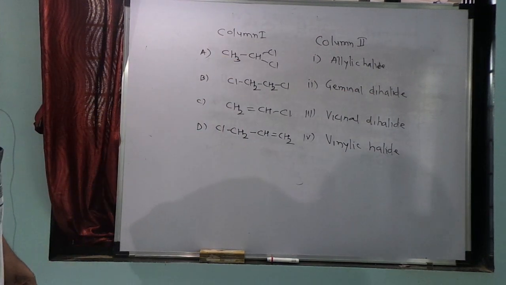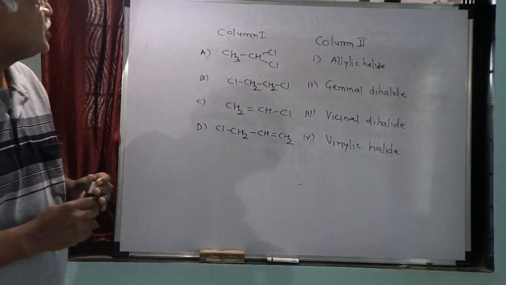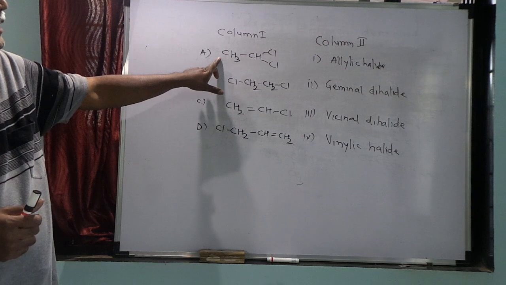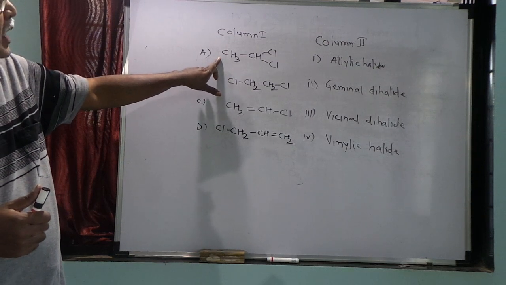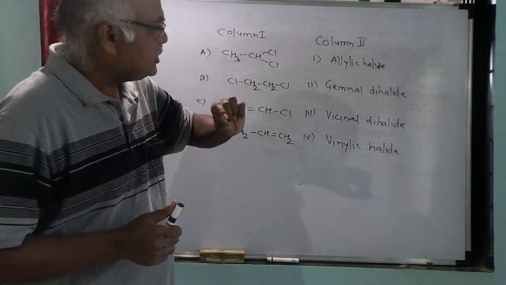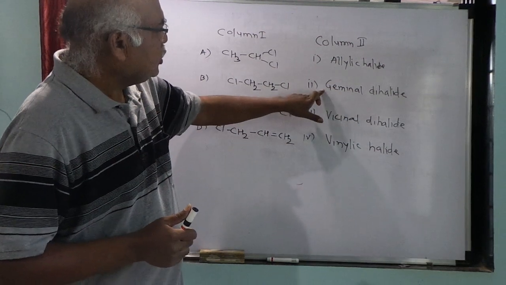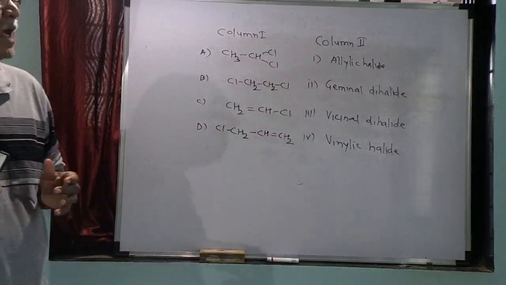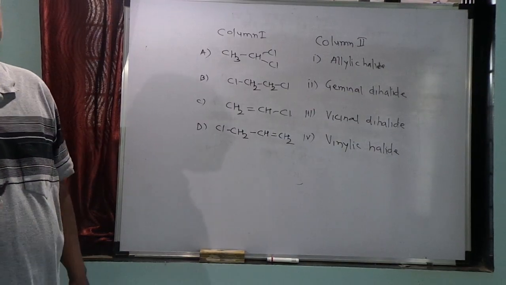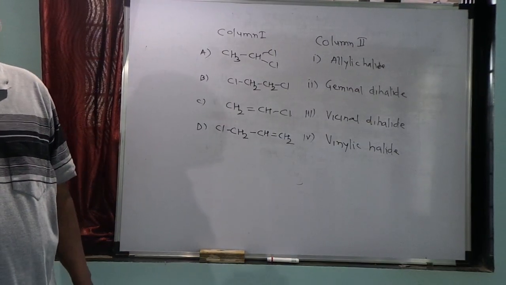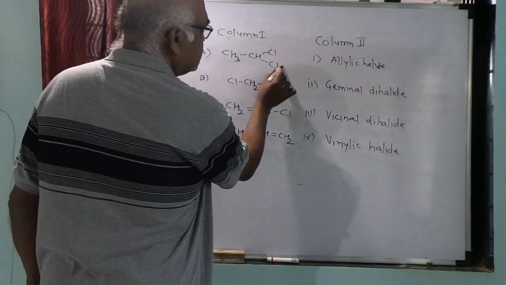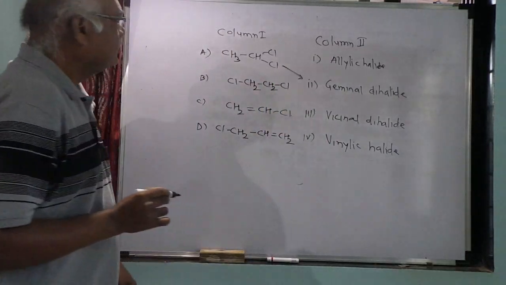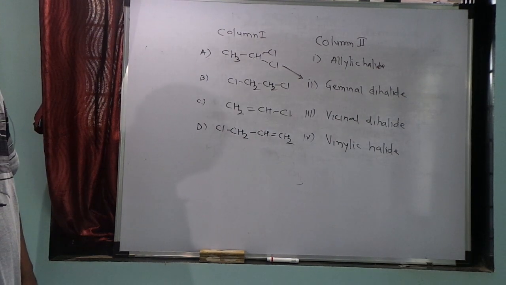Now if you look at this particular question, you will find the first one is a dihalide. Now the dihalide option is there in number 2 and number 3. But when 2 halogen atoms are attached on the same carbon atom, then it is called a geminal dihalide. So this will be a geminal dihalide.